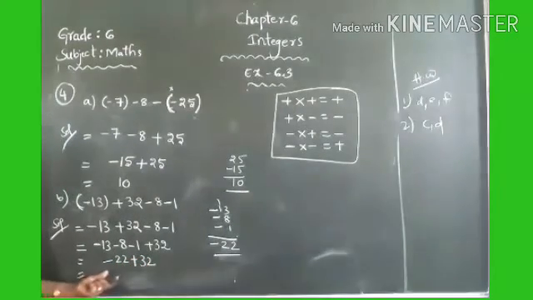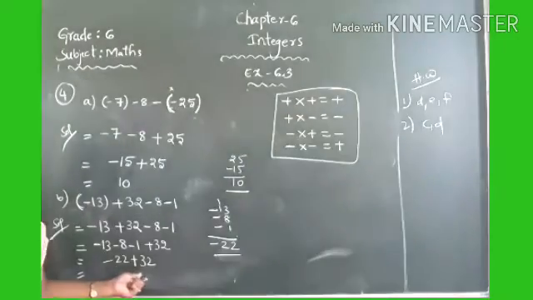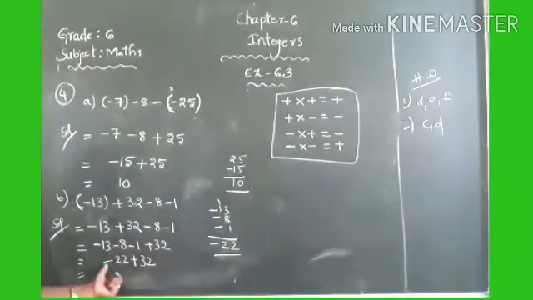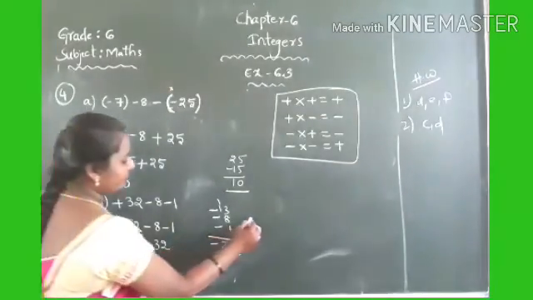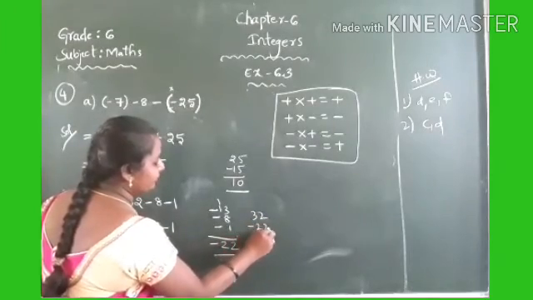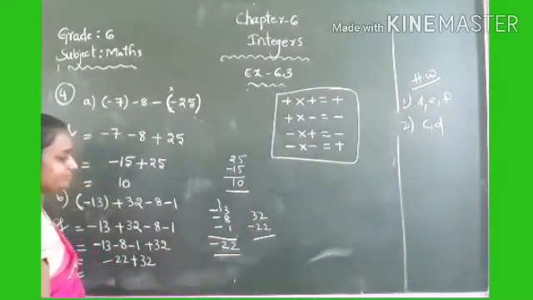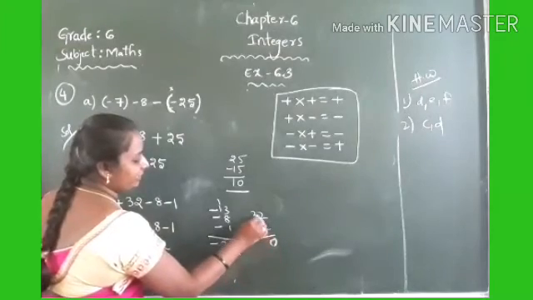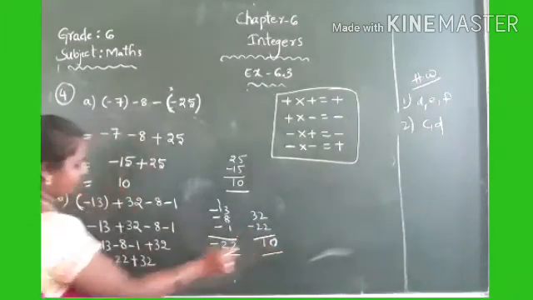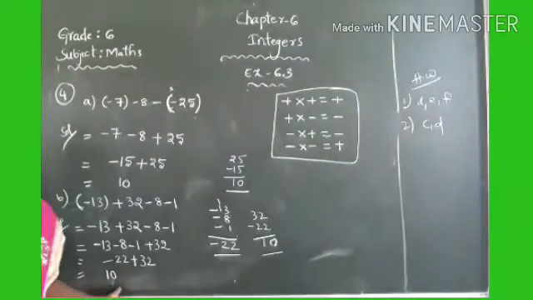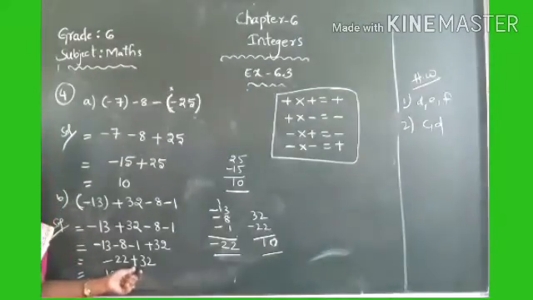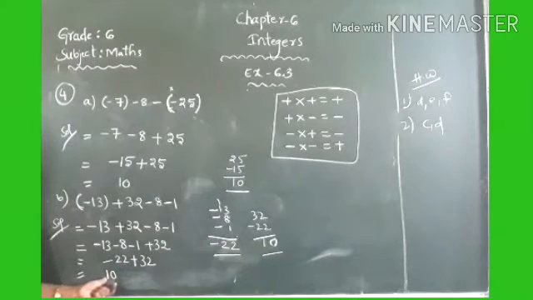Here minus and plus are different, so you have to subtract 32 minus 22. Subtract 2 minus 2, 0. 3 minus 2, 1. 10 is the answer. So here 32 contains a positive sign, no need to give the positive sign.